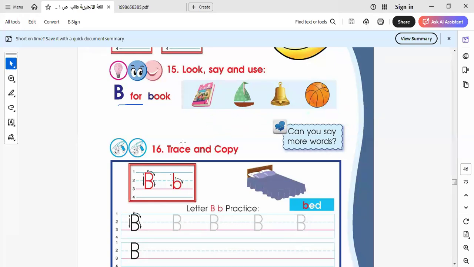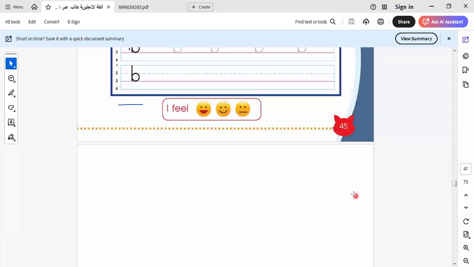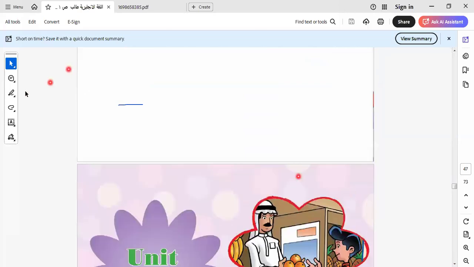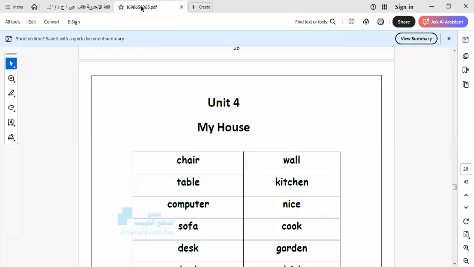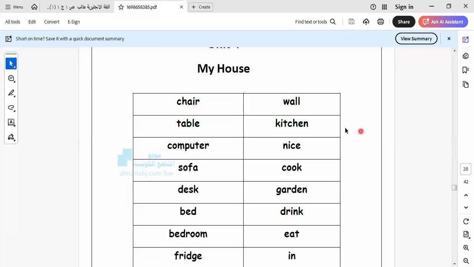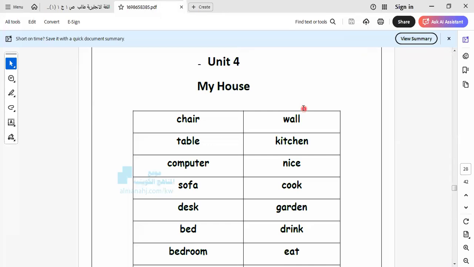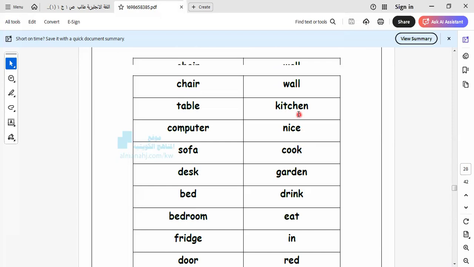Let's continue the rest of the unit. Now we end this. The unit here has ended. Let's go to the booklet to know the brief of this unit. Here we have a booklet, and we make a focus on the things that we must take care of.